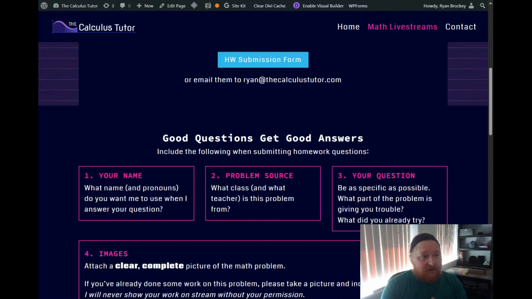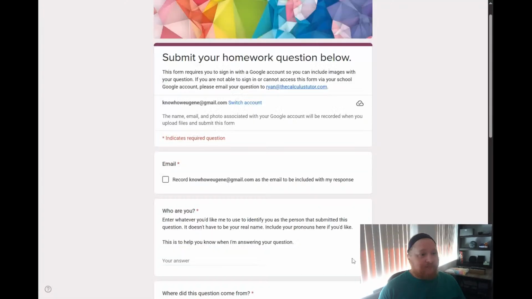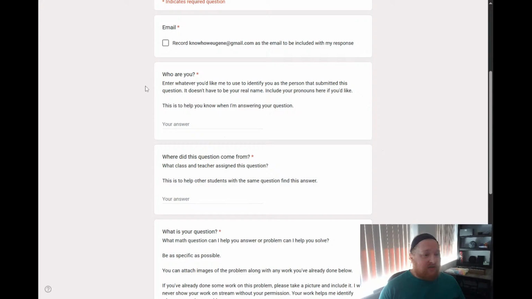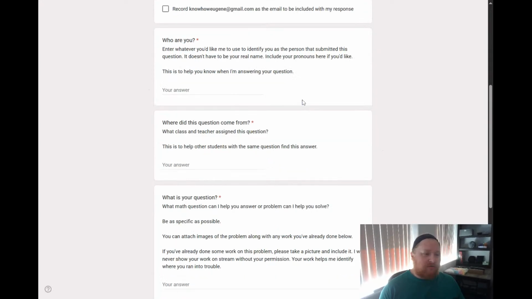That's how to submit a question. The form is the exact same thing, and I took the text from the form, which is more verbose, to make the guidelines on the website.